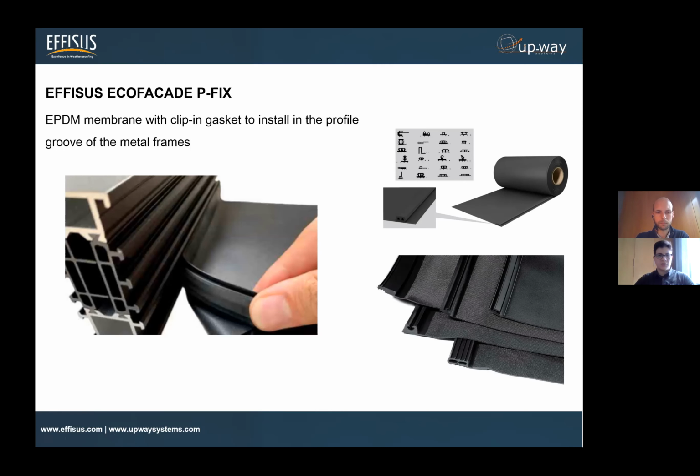In this case, what we do is analyze the type of groove that the window has. We send a couple of drawings, sketches of the actual groove itself, and what we do is attach a clip-in on the membrane. We have over 100 typologies already registered in our database.